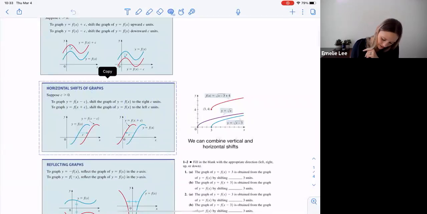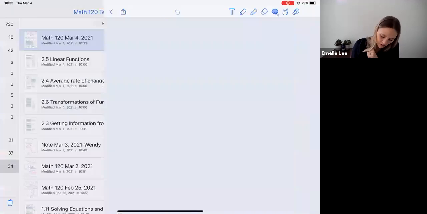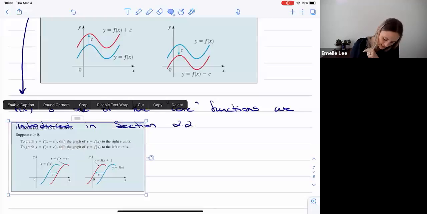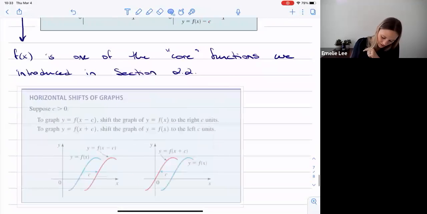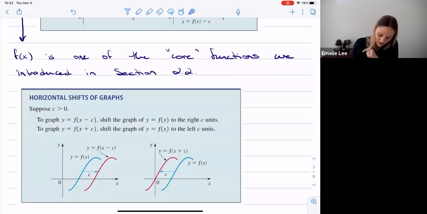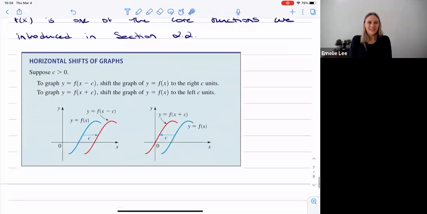So if we think about horizontal shifts, at least for me, when I see x minus c, in my mind I want to shift the whole graph over, but that's not what happens. So it's actually counterintuitive to how I think about it.